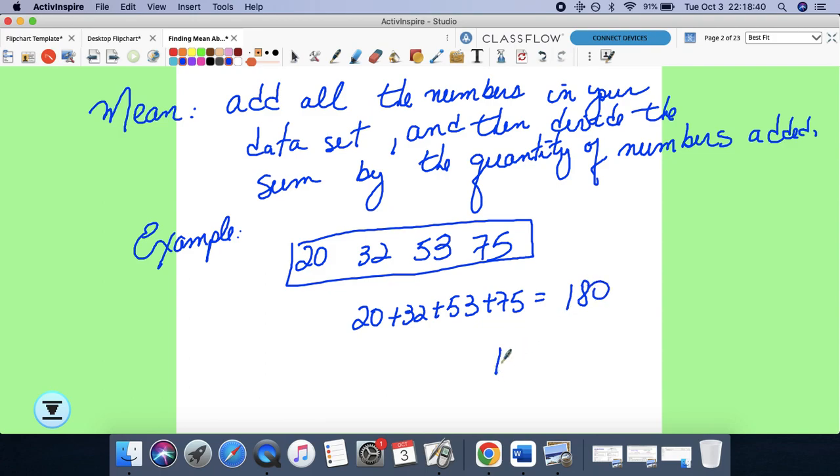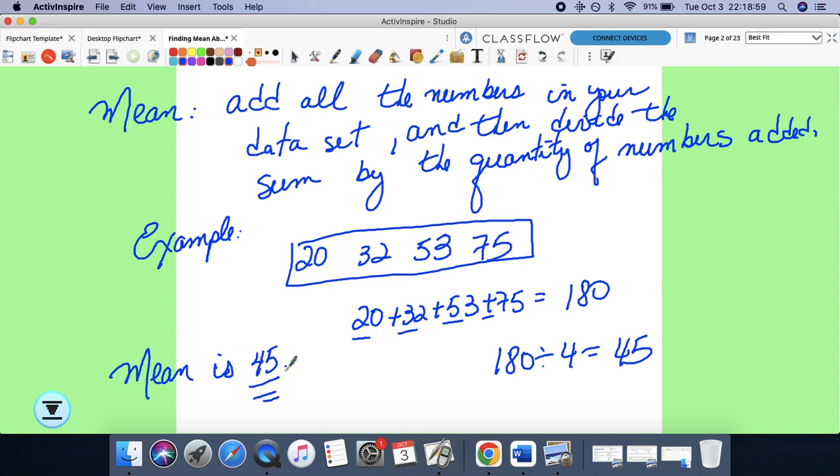And then 180 you divide by, there's 1, 2, 3, 4. Okay. And you would get 45. So the mean is 45. The mean is the average. Okay, that's another word for average.